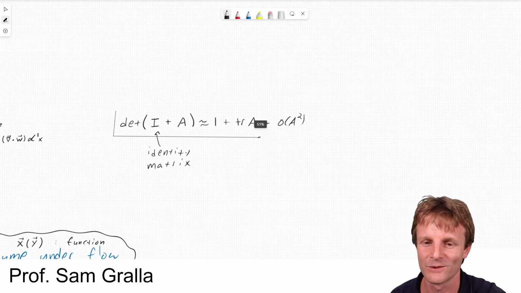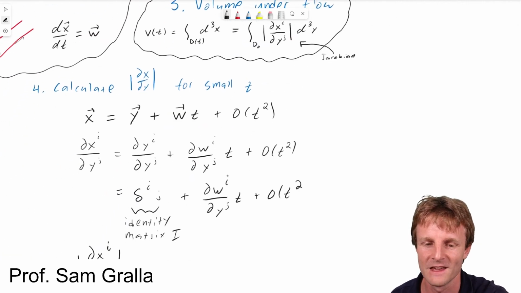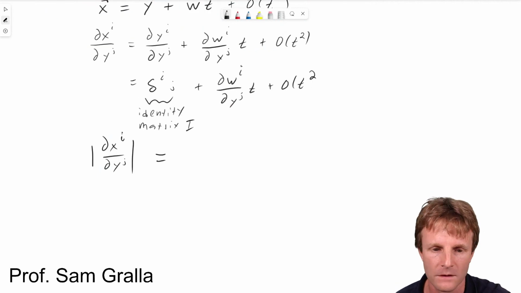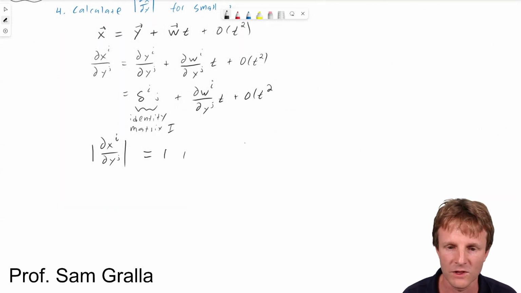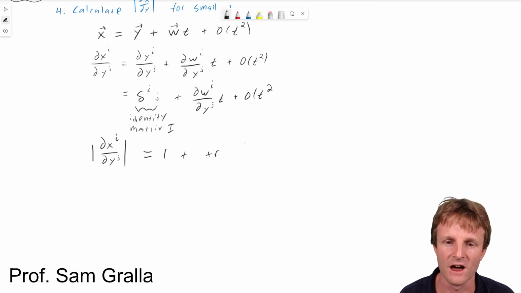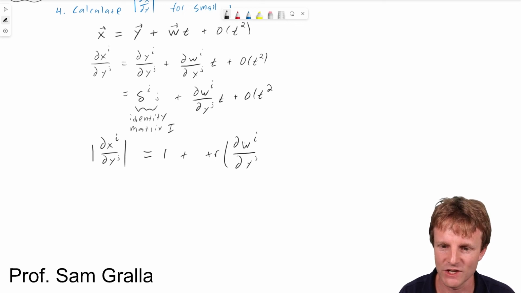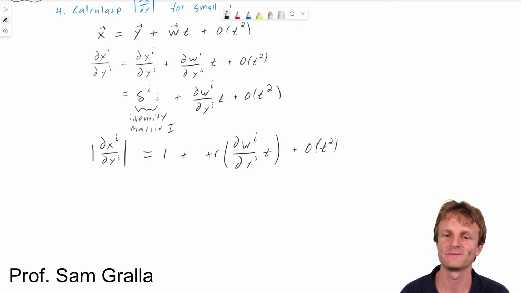So we're going to use that here, and it becomes 1 plus the trace of what's the small thing? Well, it's this matrix dw_i/dy_j times t plus order t squared.